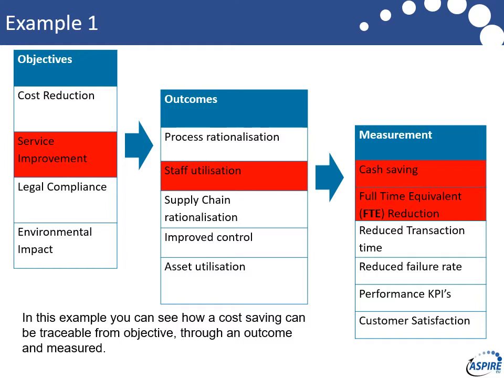Now, one of the things that we've noticed over the years is when people are struggling to find a measurement, it's quite often because they're calling an outcome a benefit. Process rationalization isn't a benefit. Staff utilization, none of those things are benefits unless you move towards the benefits measurement on the right hand side, so you can show what's going to be better. Then you can put a number on it and a financial value.